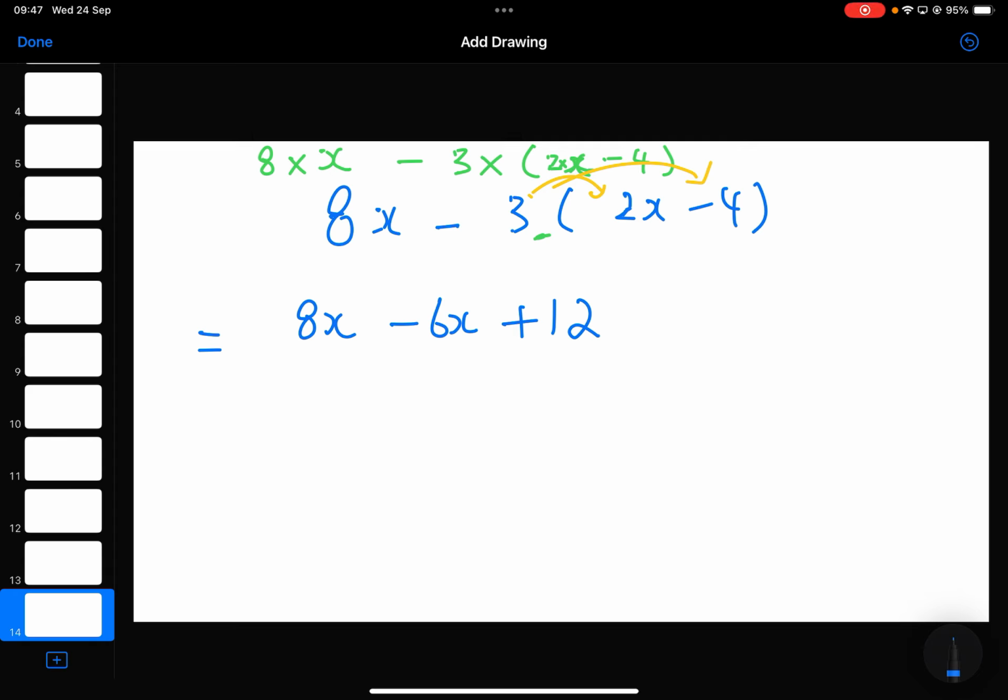This one is very important. Then I can combine already. These 2 terms got x, so I can combine them. This term doesn't have x, so I just leave it as a number behind. 8x minus 6x is 2x. So this is the final answer. This is the simplified form already. Simplified form means no bracket.